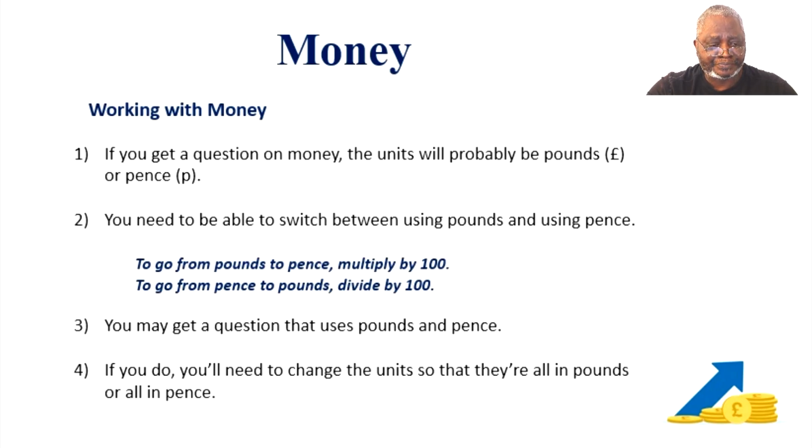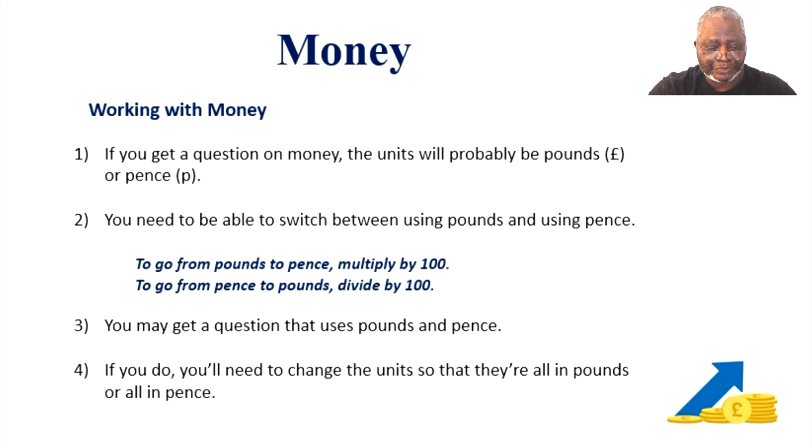Working with money. If you get a question on money, the units will probably be pounds or pence. You need to be able to switch between using pounds and using pence. To go from pounds to pence, you multiply by 100.